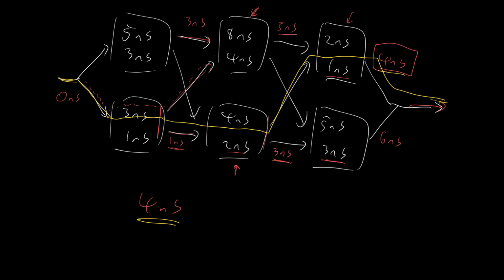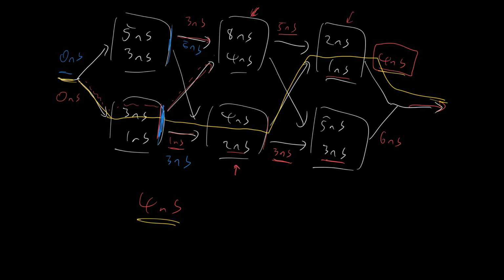For the propagation delay, exactly the same argument, except we're now looking for the slowest person, not the fastest person. In particular, people start here at time t equals 0 nanoseconds. The slowest person will have exited this logic gate here at 5 nanoseconds. The slowest person will have exited this logic gate at 3 nanoseconds.